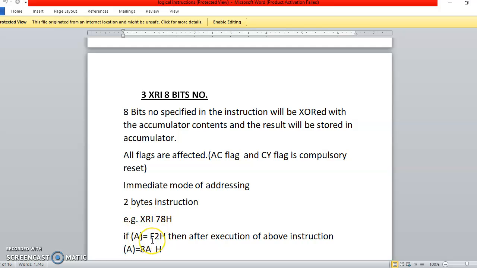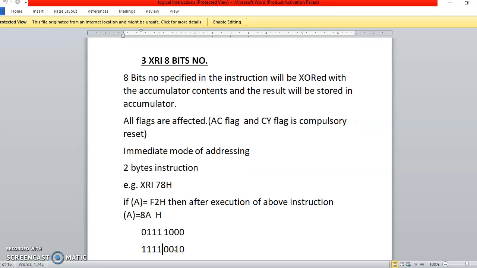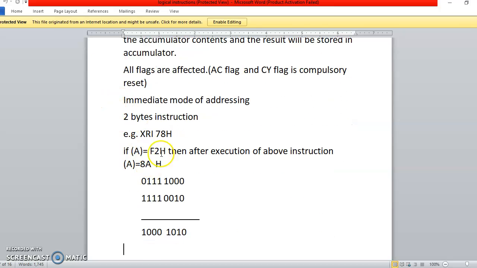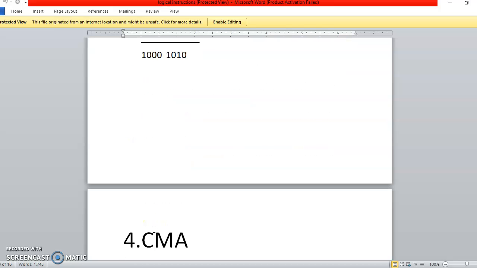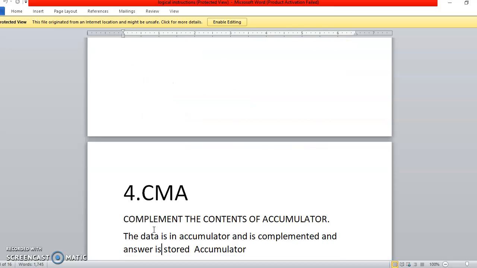So if A is F2, then F2 and 78 will be XORed, and then we have to see the contents of the accumulator. This is your 78, this is your F2. When both bits are different, the output is 1. So here and here the output is 1. The rest of the bits will be 0 because both bits are the same. Now find out what the flag register contents will be.